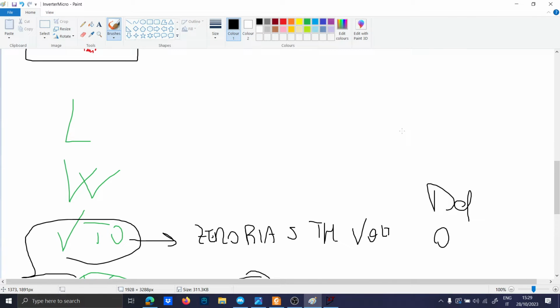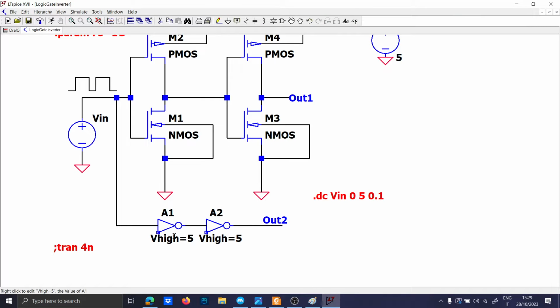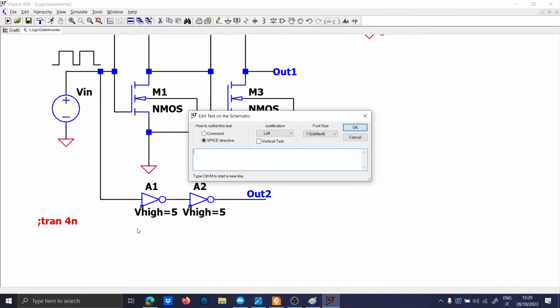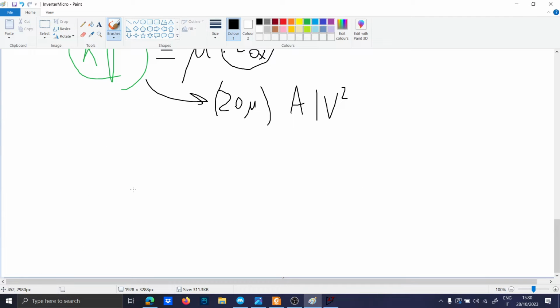So now that you know, we can use the statement .model NMOS. So we will put reasonable values. These are always in the order of the micro, but if you want to choose reasonable values by yourself, you have to take into account the following.